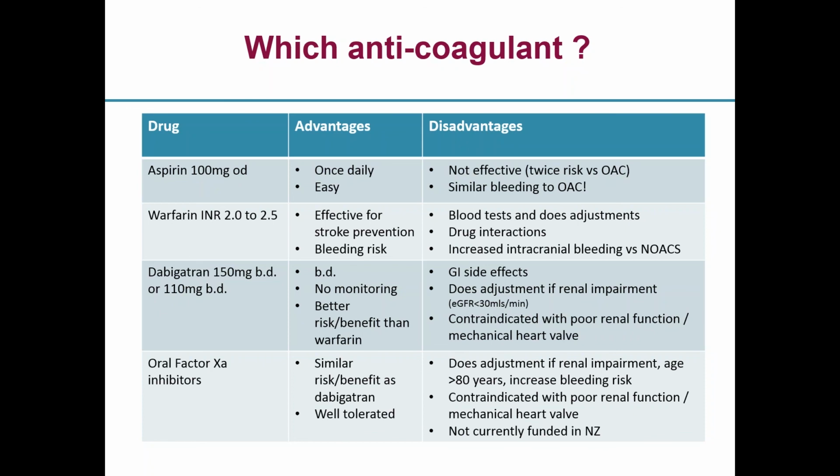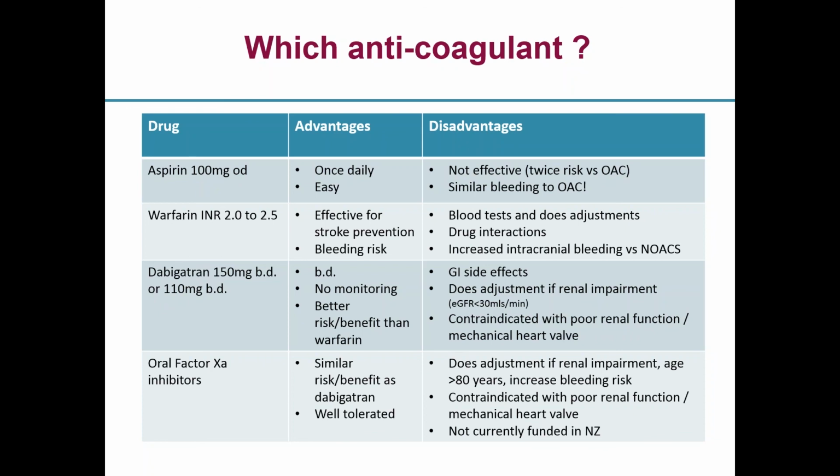Okay, and another group of questions really relates to people who either have poor renal function or are on non-steroidals for things like OA, and the difficulty of choosing something appropriate in that situation. Yes. So poor renal function is actually a real challenge.